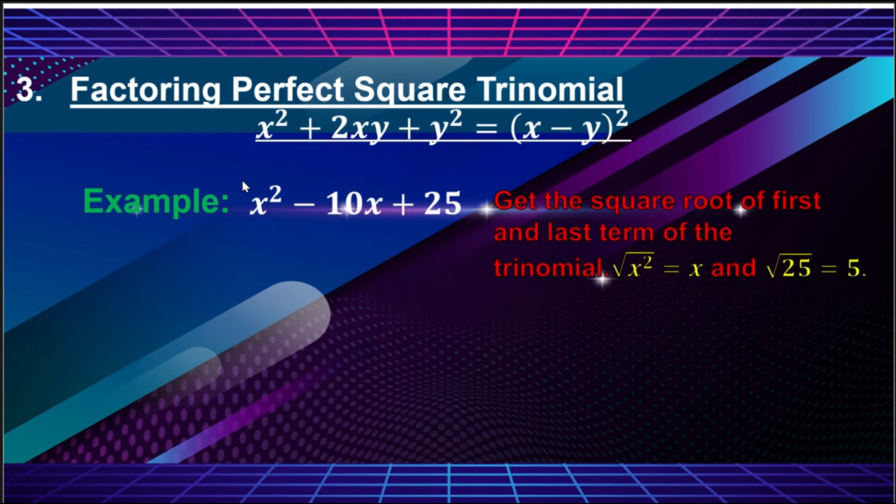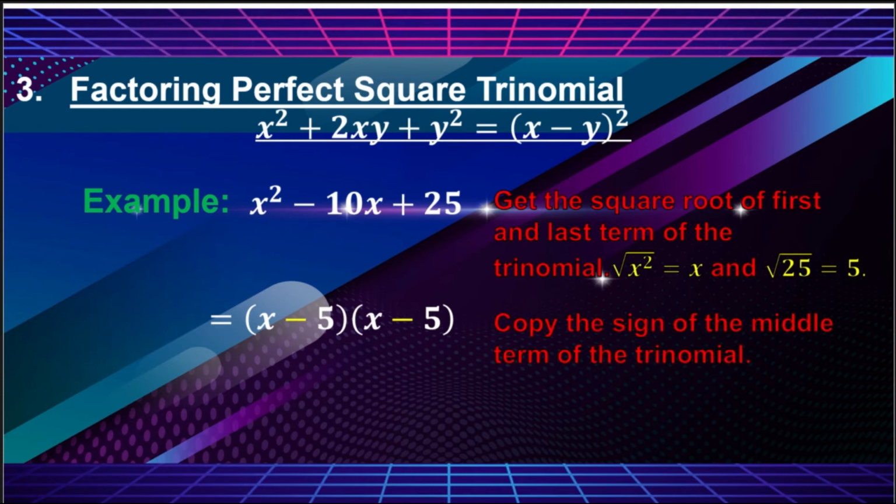So first step, get the square root of the first and last term of the trinomial. The square root of x squared is x, and the square root of 25 is 5. Then, just like in the pattern, copy the sign of the middle term of the trinomial.